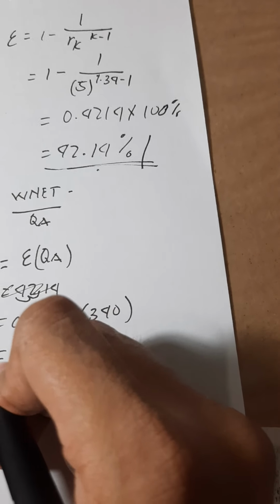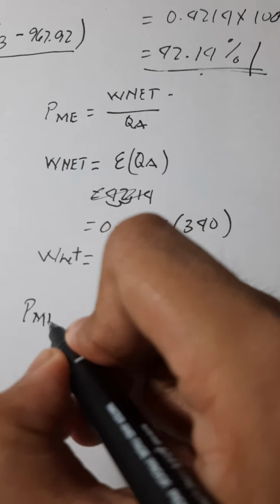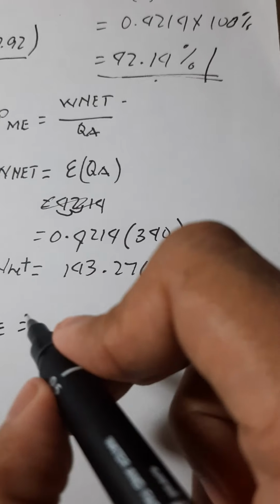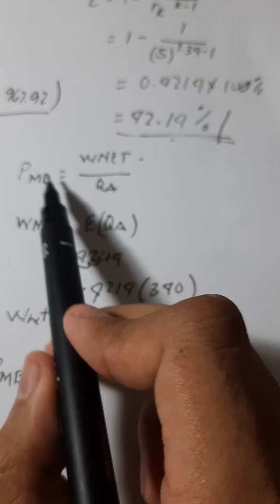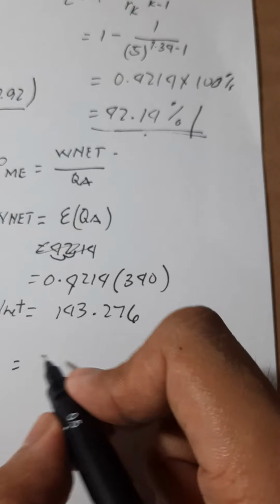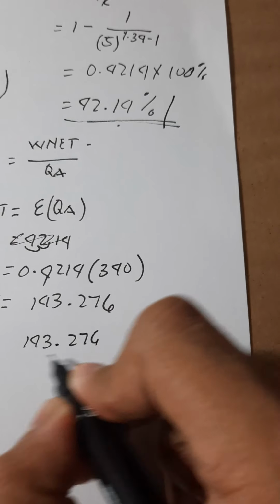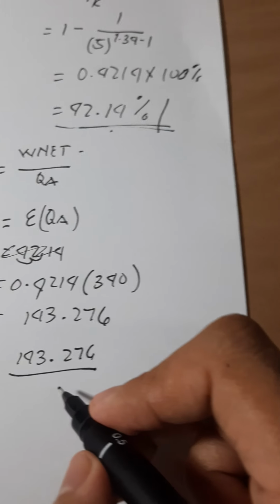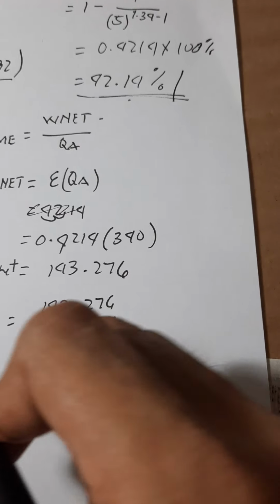143.276 work net. We can now solve for the mean effective pressure, which is this formula, the work net over QI. The work net is 143.276 over the heat added, which is 340 BTU.